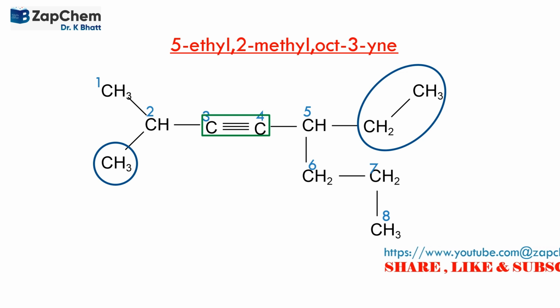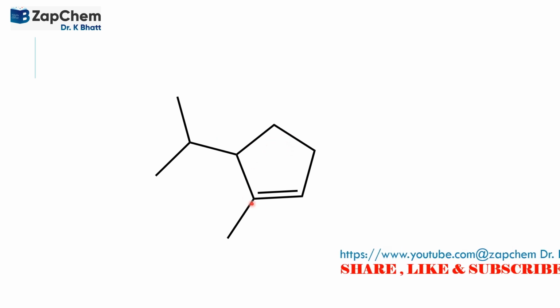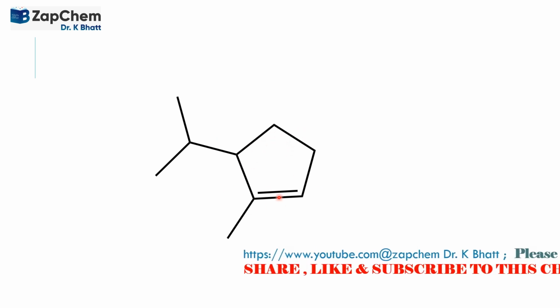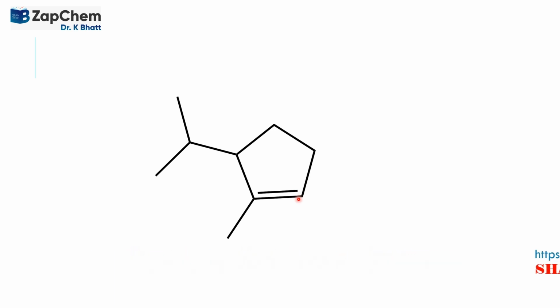Now let us take up another example. The example is like this. Of course, there is a cyclic ring having a double bond at a certain position.